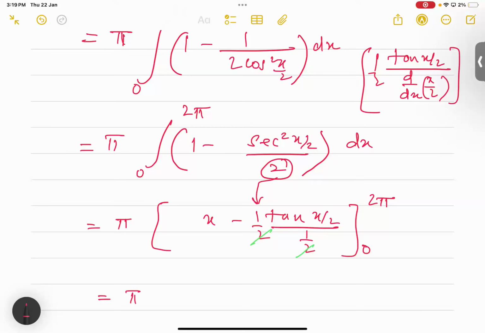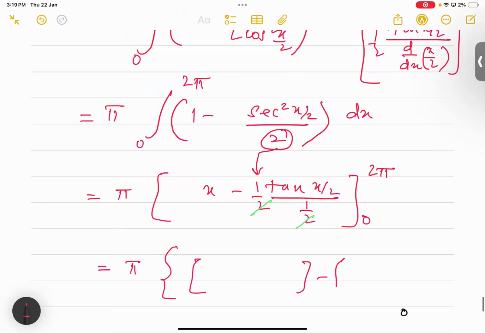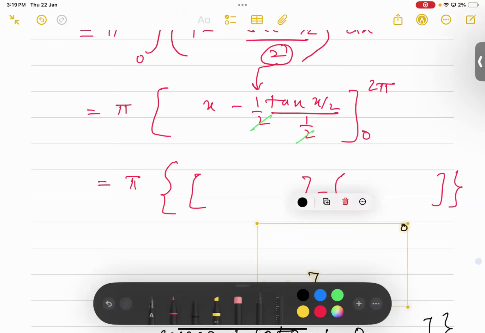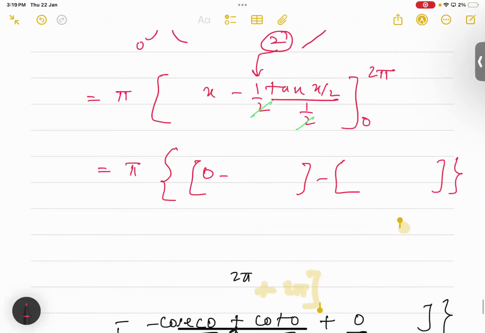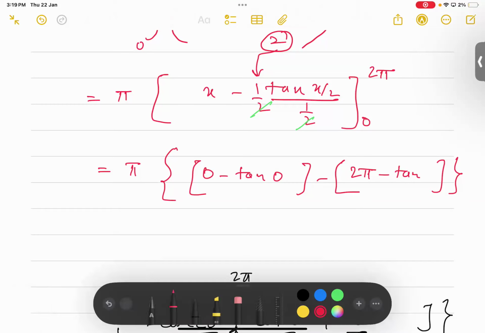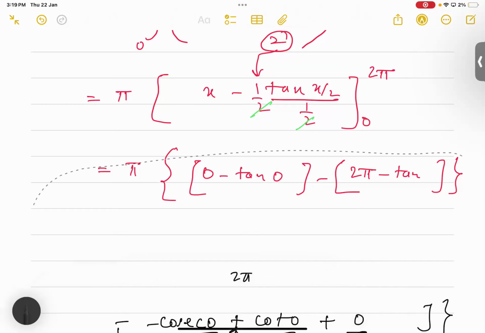So pi, box minus box. Now tell me, 2 pi minus 0. So I get 2 pi. 0 minus tan 0, right? 0 upon 2, and 2 pi minus tan of 2 pi upon 2 is 0. So upper limit minus lower limit. Sorry, upper limit minus lower limit.